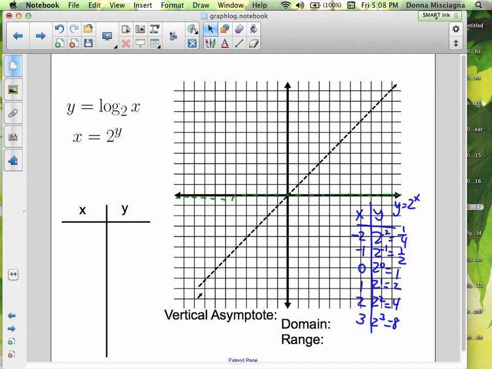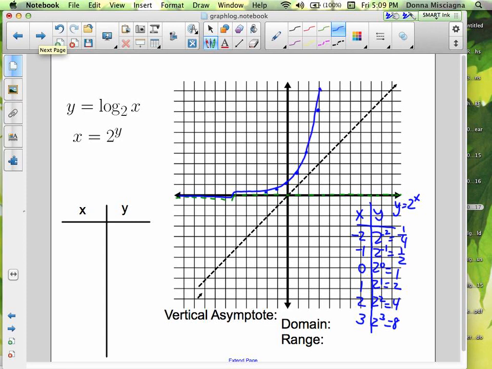And so let's graph our points. All right, so we have the points negative 2, 1/4; negative 1, 1/2; 0, 1; 1, 2; 2, 4; and 3, 8. And this graph is not going to cross the asymptote. It looked a little nicer earlier today.